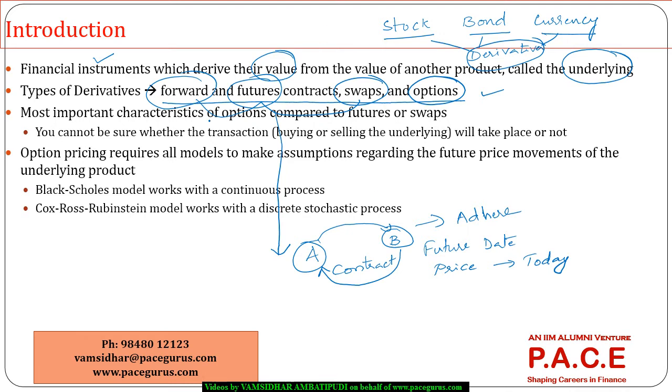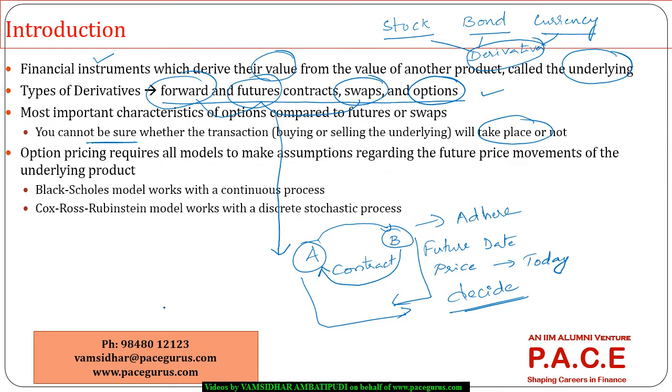Whereas in an option, one of the parties is actually taking an option to decide whether they want to go ahead with the contract or get out of the contract. So in the case of options, we cannot be sure whether the transaction will take place or not. When I say transaction, I mean buying or selling the underlying.